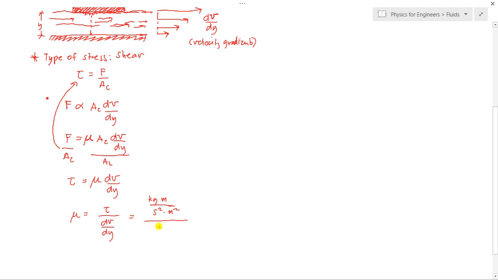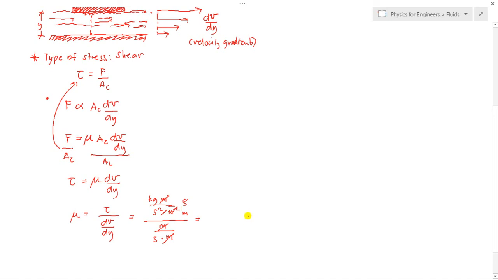While the velocity here is in meter per second, multiplied by the dimension of our y, which is the gap between the reference plane and the flat plate, that is meter. So makancel ni.